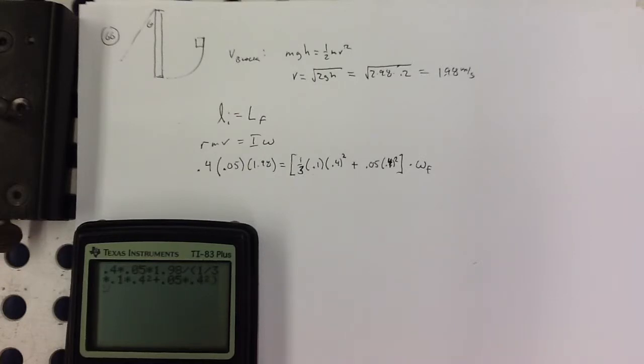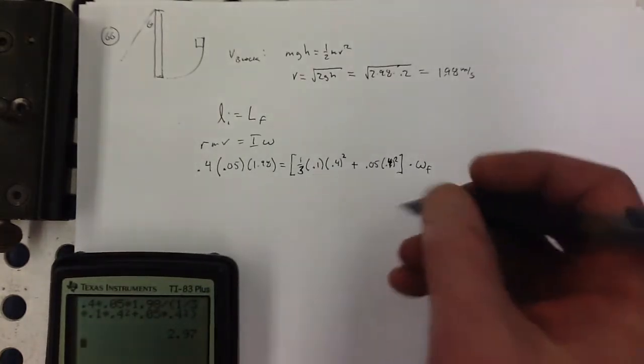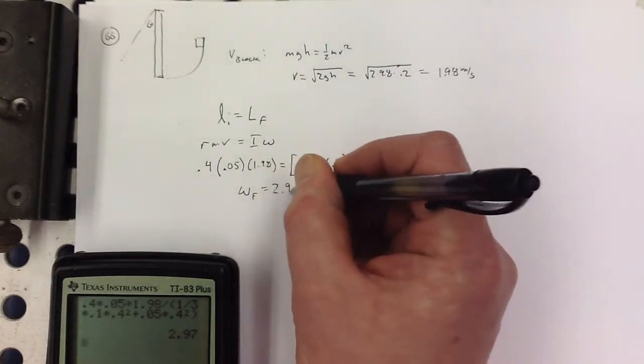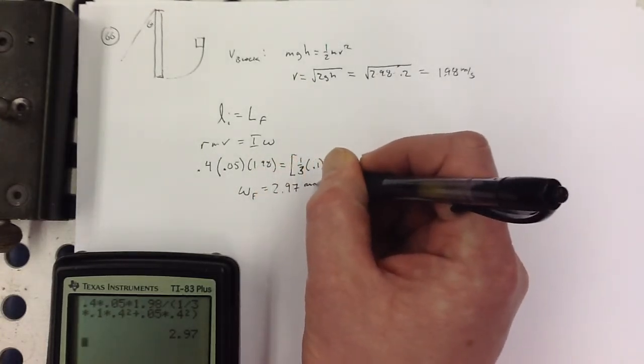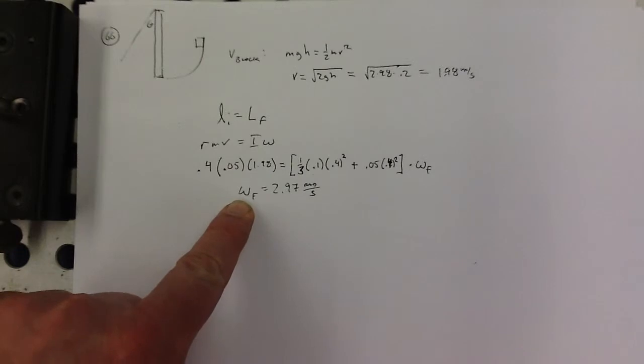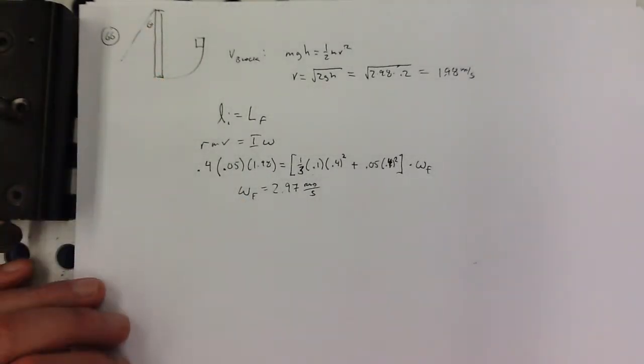I think that's it. That's 2.97 radians per second. Okay, so that's the angular velocity of the rod with the block stuck to it after the collision.